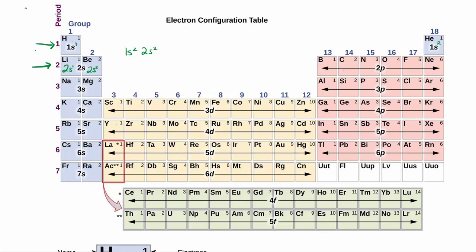Remember that any orbital can hold a maximum of 2 electrons, and the s orbital is only 1 orbital. So now we're moving over to the p subshell that has 3 orbitals. So boron would start filling the p shell. So this would be 2p1, 2p2, 2p3, 2p4, 2p5, 2p6.